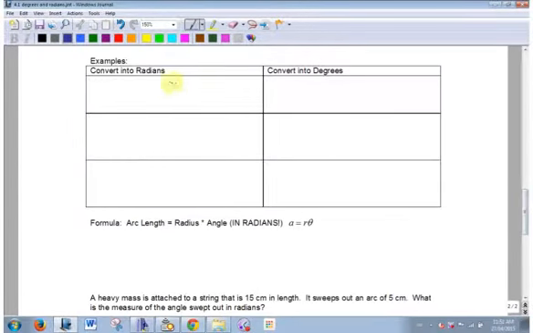Okay, convert into radians. 100 degrees. What's my little conversion factor? Just pi over 180, because those are equivalent. Okay, and let's leave it as something exact. No calc.